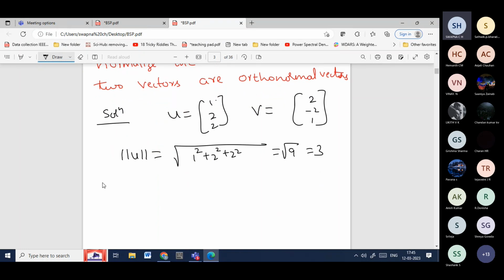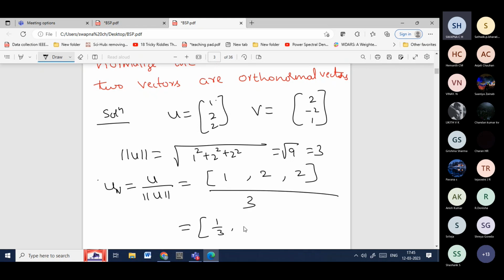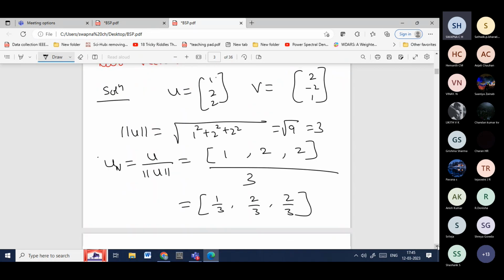Let me consider un as the normalized vector. So un is u divided by the length of u, which is (1, 2, 2) by 3. So it's (1/3, 2/3, 2/3). This is the normalized vector.